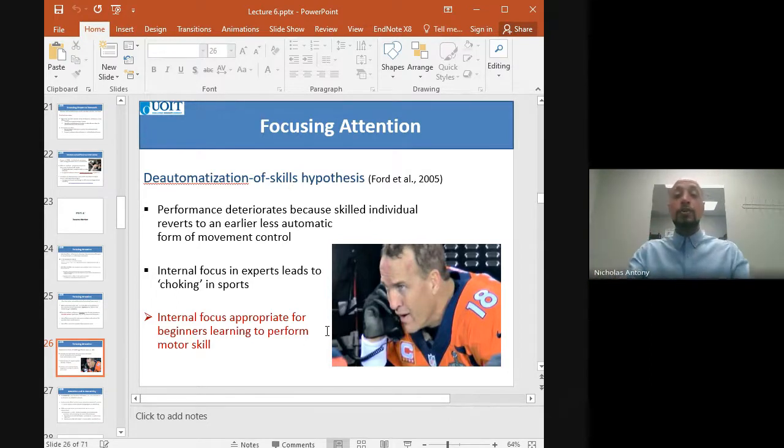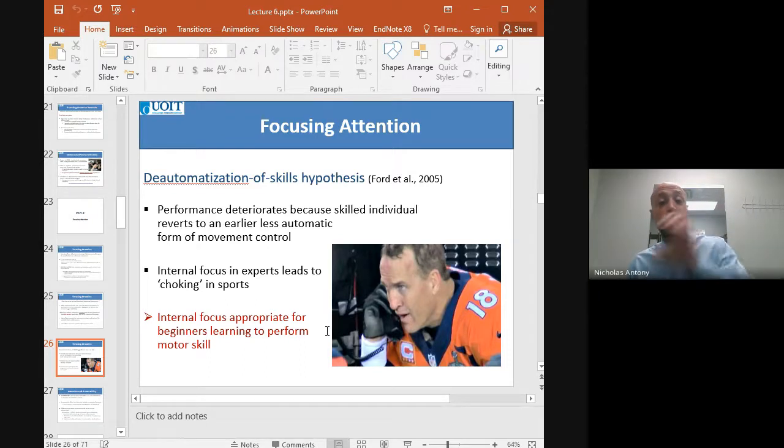And when focusing internally, you're ruining the coordination that you've developed with repetition. You're de-automizing that process, and you are ruining the coordination that you've developed for that particular motor skill. Does that make sense?